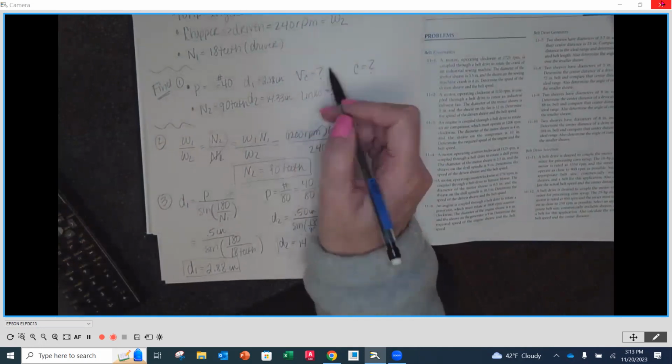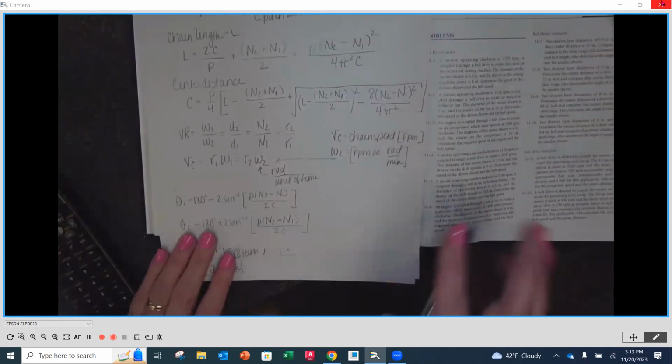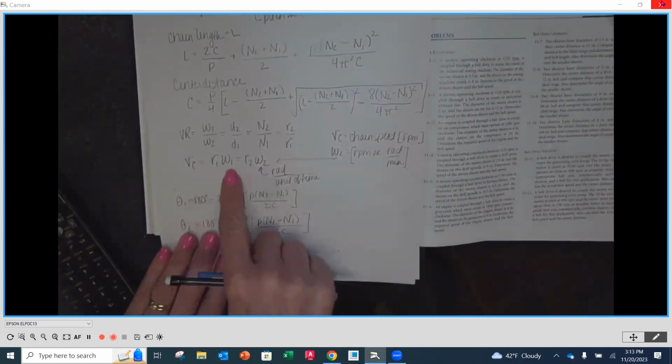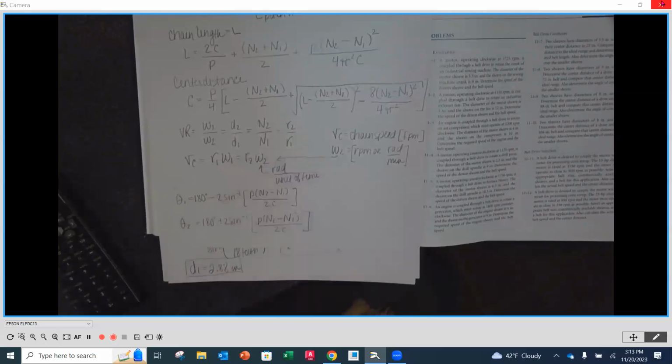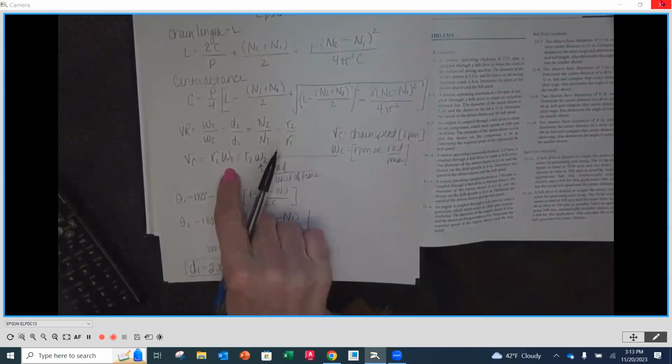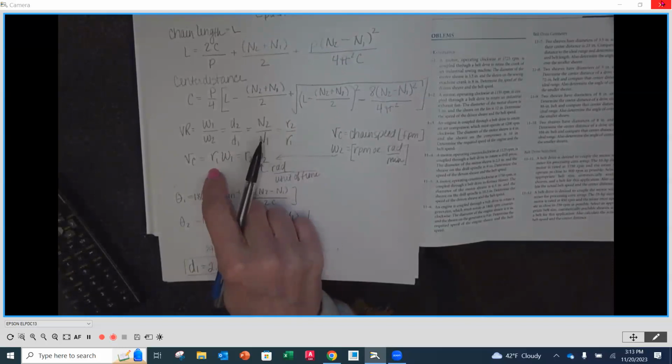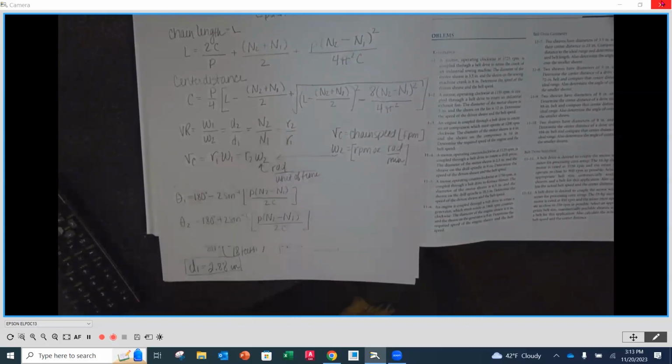Looking back at our equation sheet, our chain speed is right here. Now we just pick which sprocket we want to look at, and the best thing to do usually is to stick with the one that's mostly defined, which is going to be our W1, because it gave us the diameter in the problem, and it also gave us the 1200 RPM.